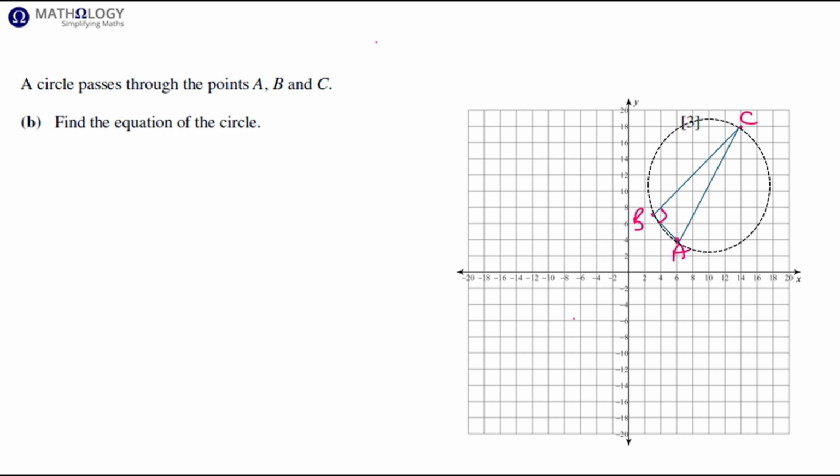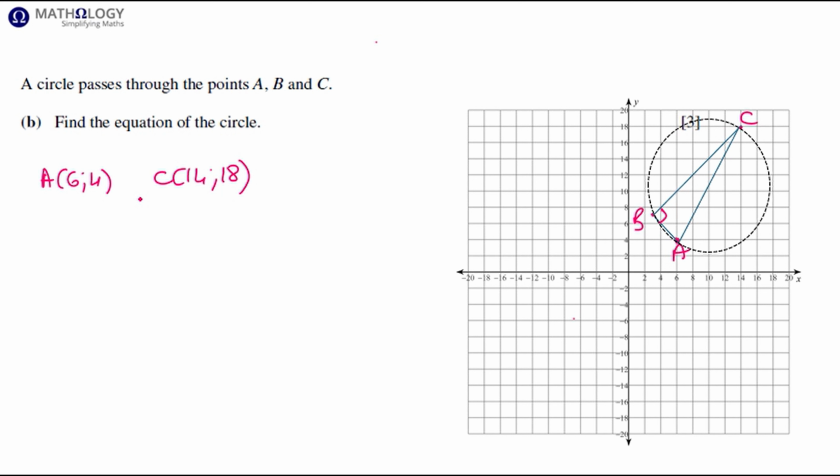The fact that we've got a circle passing through the points A, B, and C implies that AC has to be a diameter, because the angle subtended by a diameter at the circumference of a circle is a right angle. It's always 90 degrees. So the fact that angle ABC is 90 degrees, when we join AC, implies that AC is a diameter. So A is the point (6, 4), C is the point (14, 18).